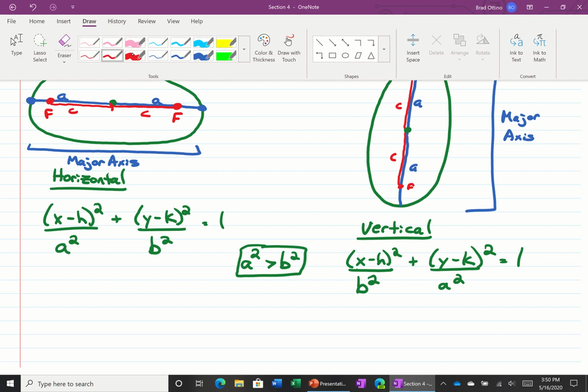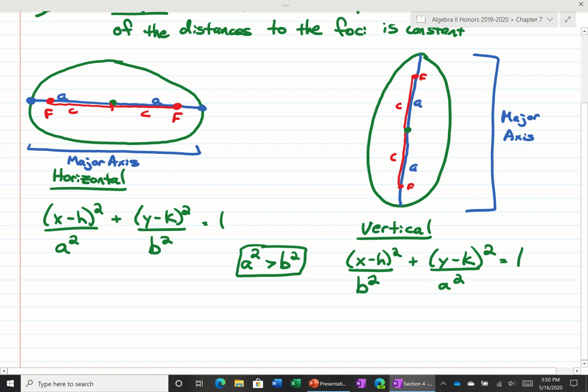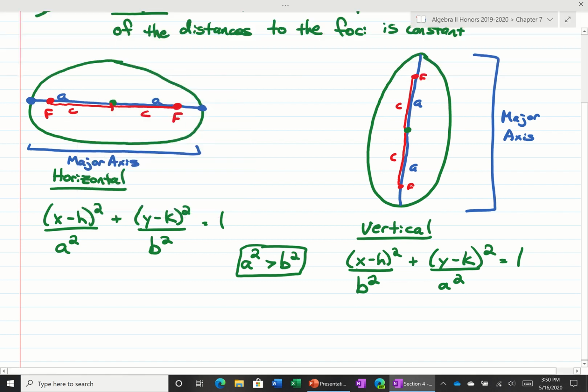And then the last thing we have to talk about is the minor axis. Let's see, maybe we could use purple for that one. The minor axis runs perpendicular to the major axis. And that distance would be b units.